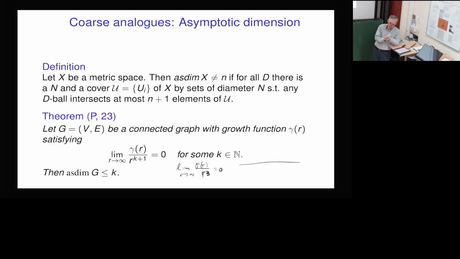The thing is, if you fall a little below k plus 1, the dimension drops by 1, which is a bit surprising. But you're right. Does this mean that actually at some places the growth is big? I'm not sure right now.